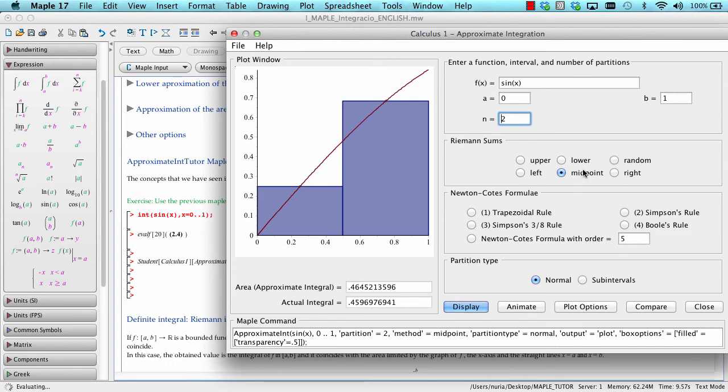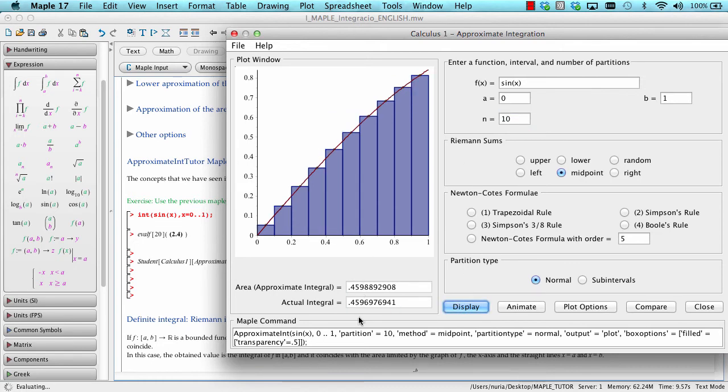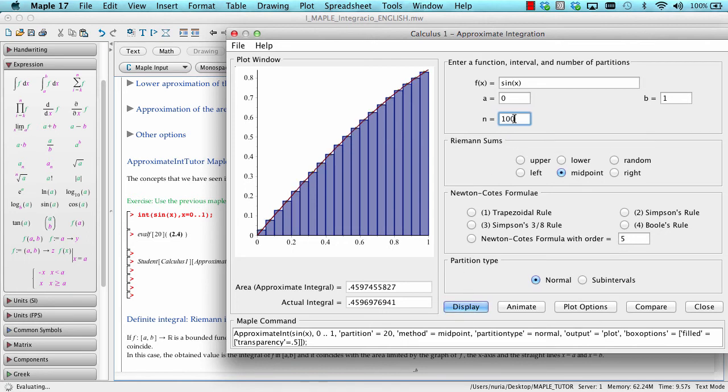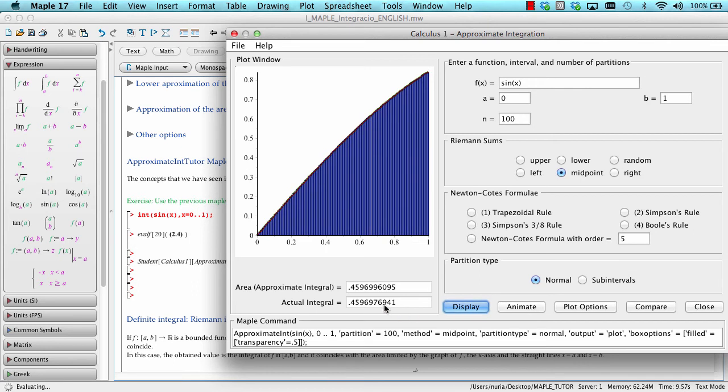In this case, we take the midpoint, and you will see how fast we approach the actual integral. In this case, with only 10 rectangles, we have the first three decimal places. With 20, 100, you can see that with 100 rectangles, we already have the first 5 decimal places.